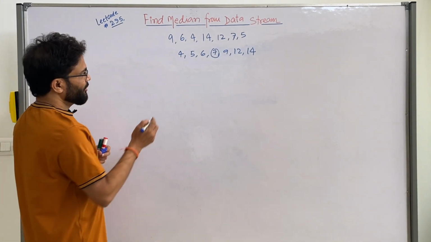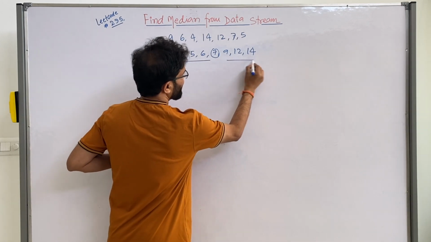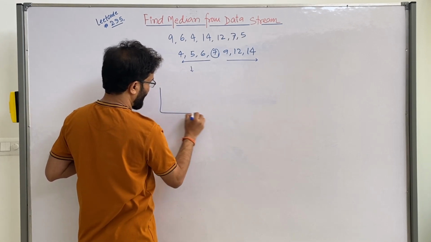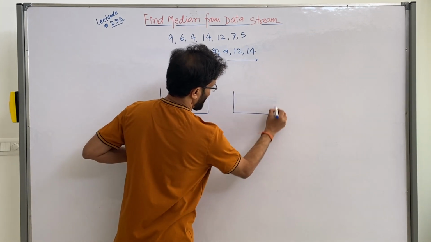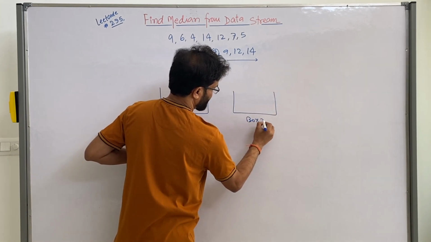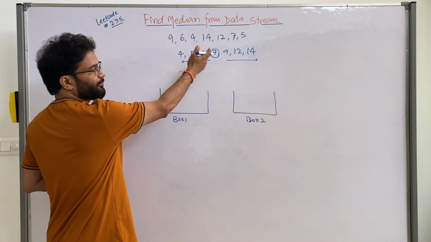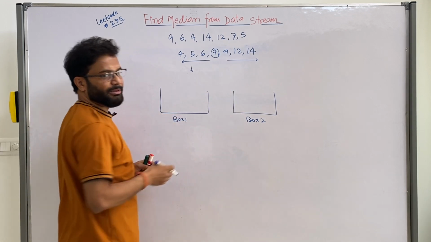Notice that before the median are the smaller numbers and after the median are the greater numbers, so we can make two boxes, box 1 and box 2. We keep all the smaller numbers, or those before the median, in box 1, and we keep the numbers after the median in box 2.